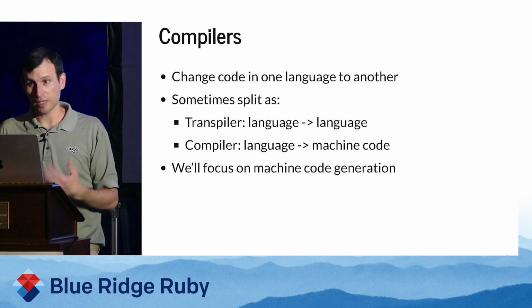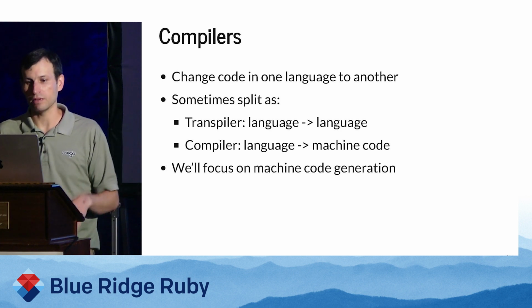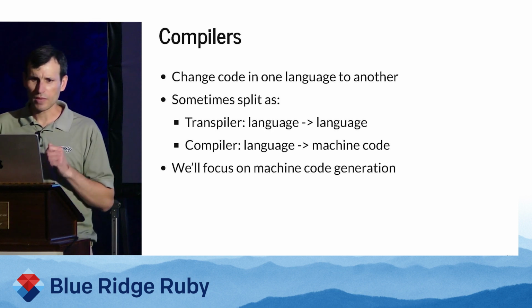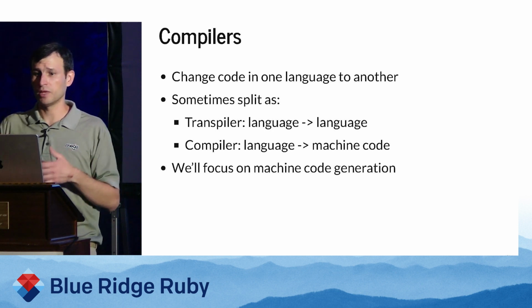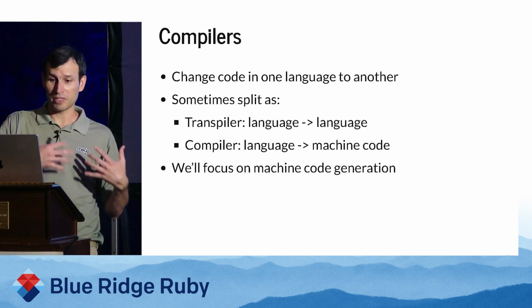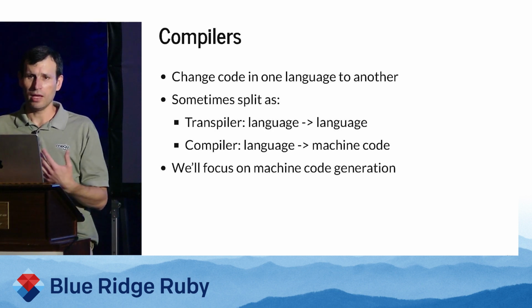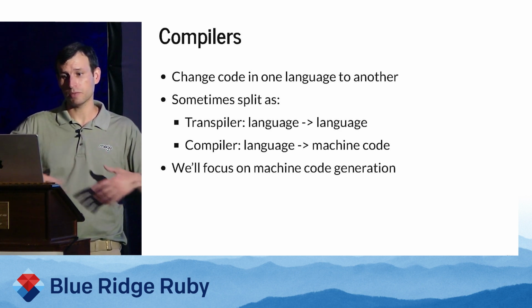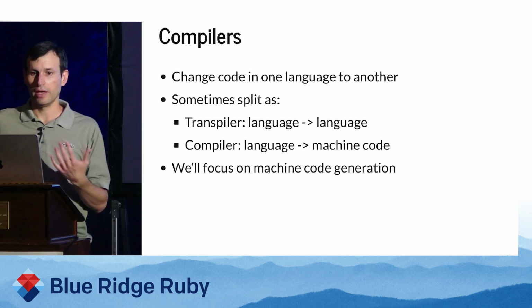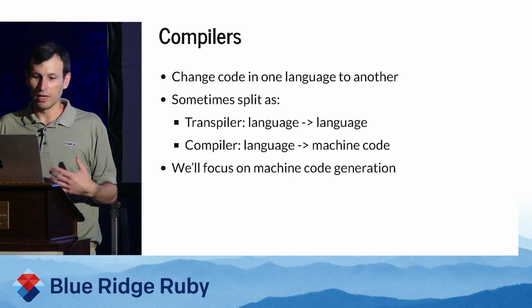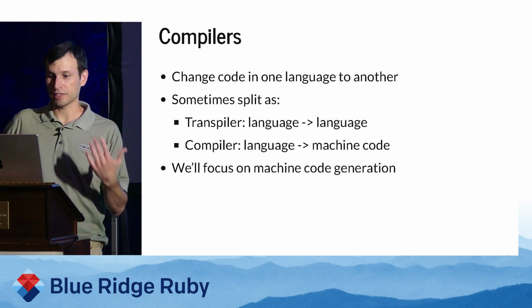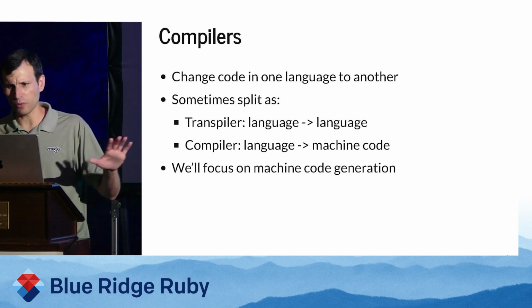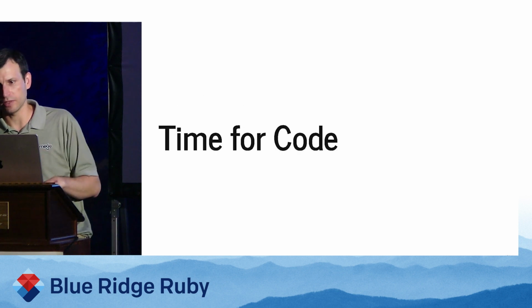Sometimes it emits assembly and then invokes the assembler, but that's an implementation detail. But all a compiler is, is a program that takes another program as input and outputs a new program. And we do have high-level compilers that go from one language like TypeScript to something like JavaScript. Sometimes we call those transpilers, but they're fundamentally the same process. And so for the rest of this, we will focus on generating machine code.